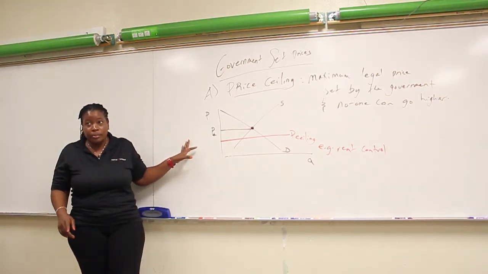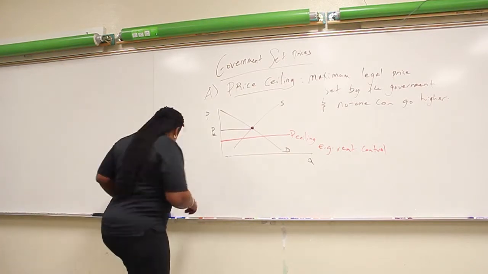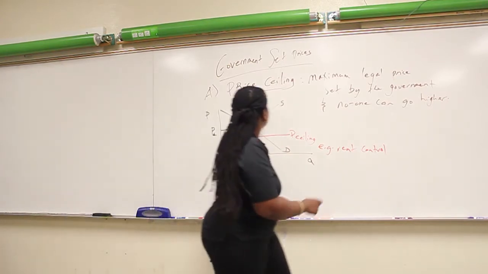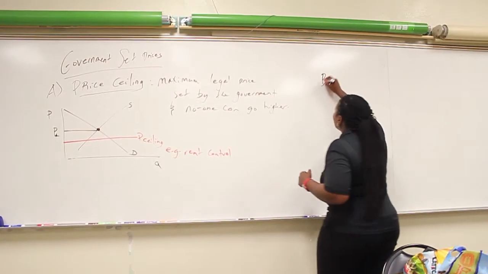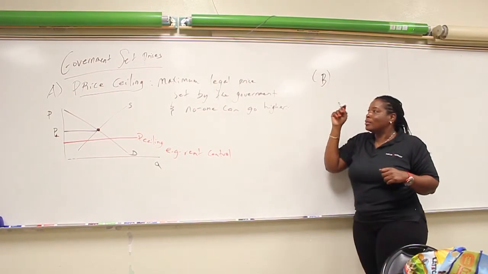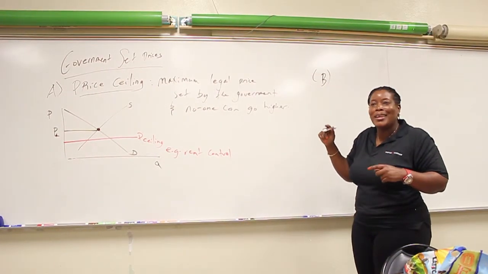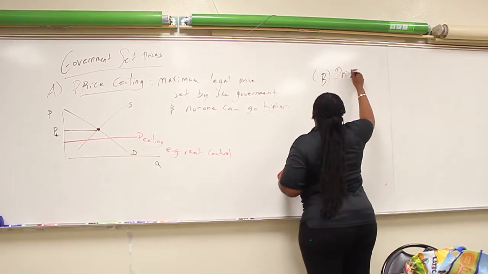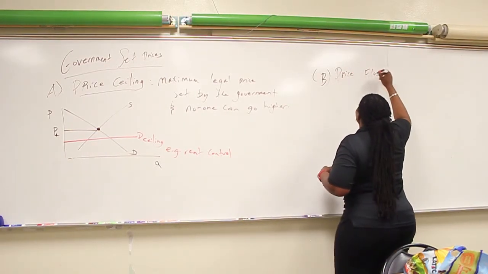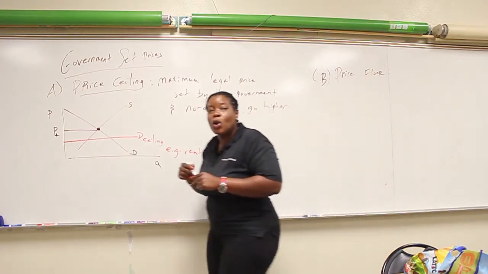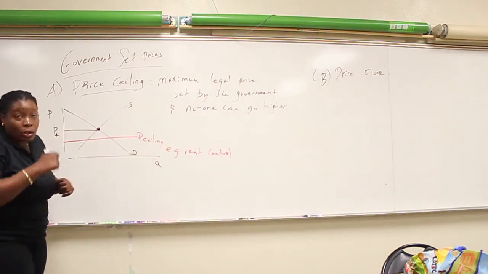That's one example. Here's another way they can intervene. Government set prices. The other one, if it's not the ceiling, then what is it? It's not the median, then it's the floor, the price floor. So the other one is the price floor.